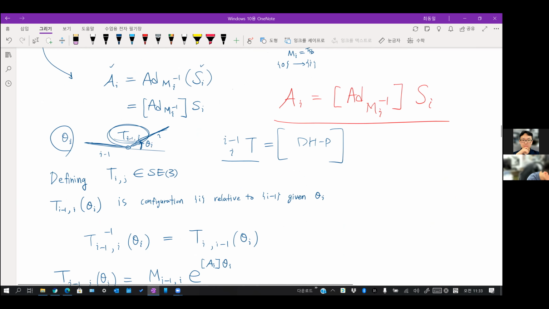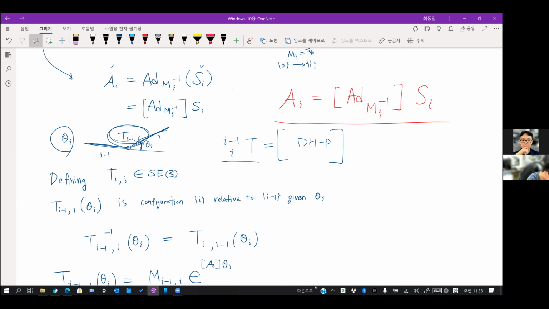And then we have to define T_{i-1,i}, the homogeneous transformation matrix. Actually, this one from i minus 1 to i is a relative transformation, from the previous link to the next link.